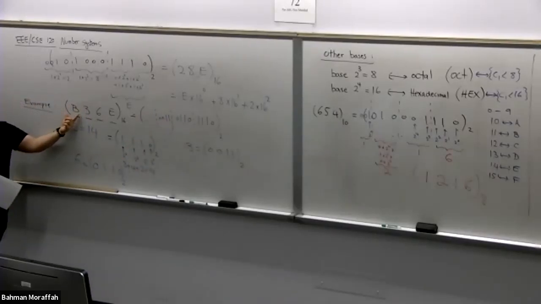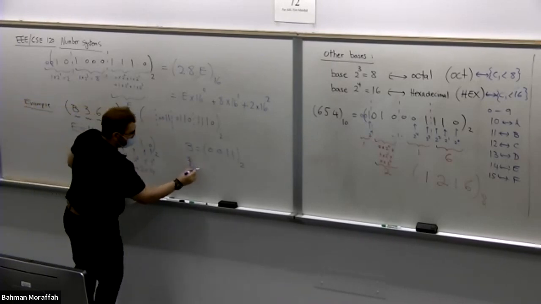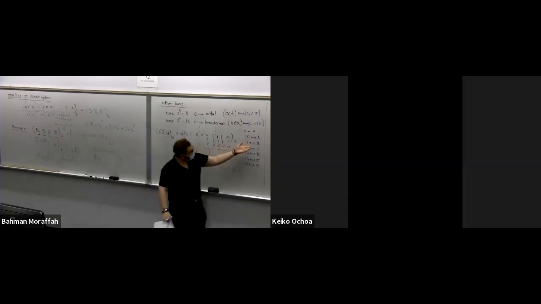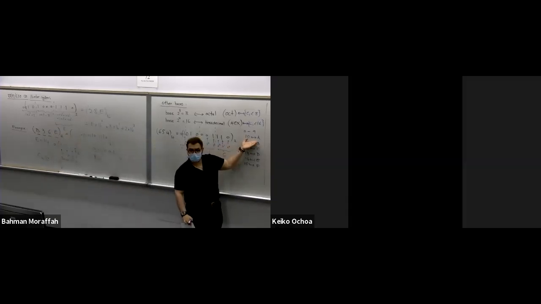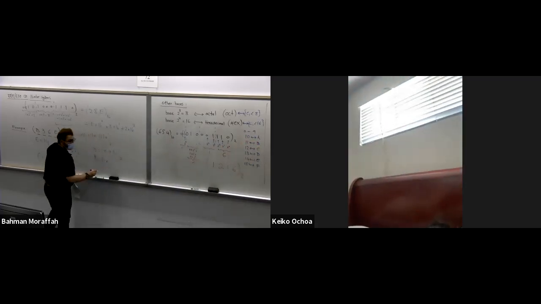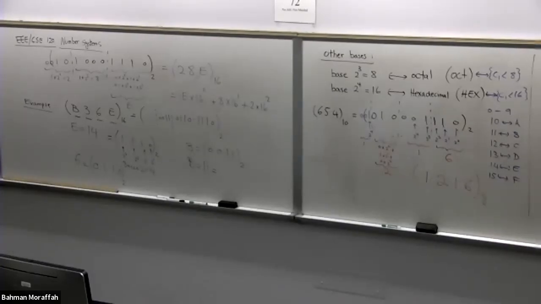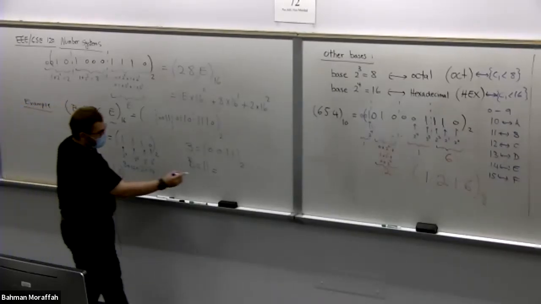And the last digit here is a B. What is B? First of all, from here I know B is an element. What is the binary representation of this element? I'm claiming that's this.